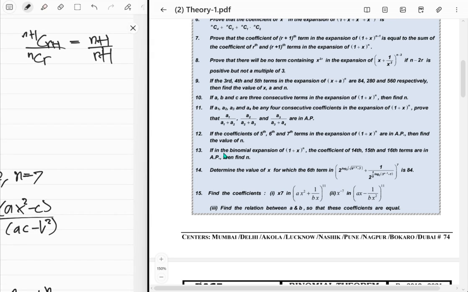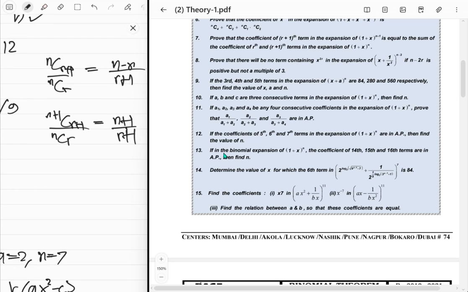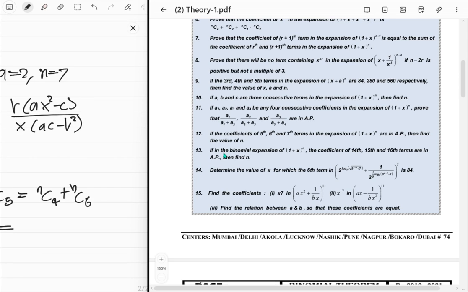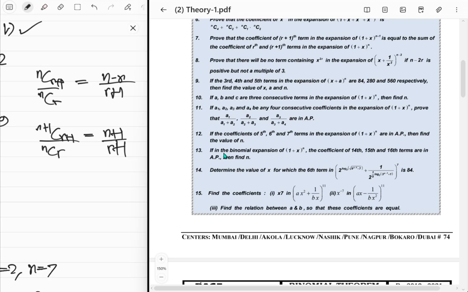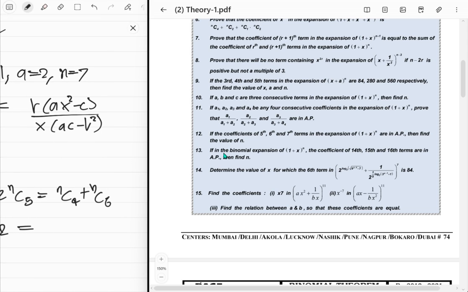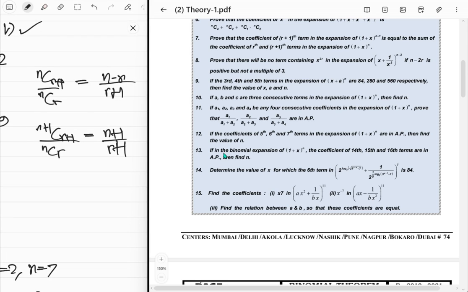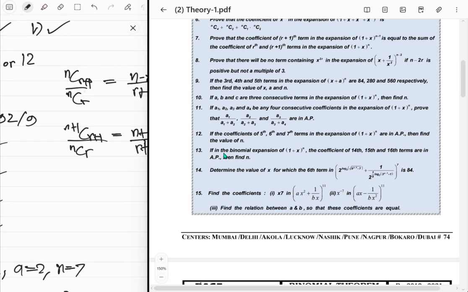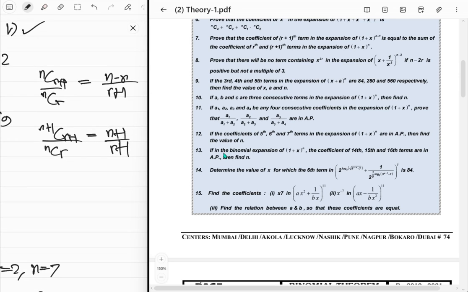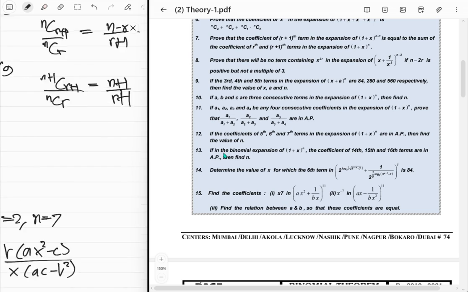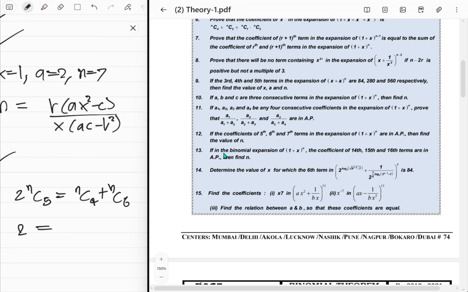You can use this formula for that. So over here, once again, just think about how it will be: N minus the smaller number upon the bigger number. That's a better way of thinking about it. If it's NC bigger number upon NC smaller number, we can do N minus the smaller number upon the bigger number. Now this thing is the reciprocal of that.